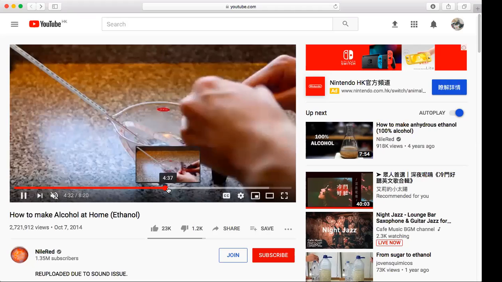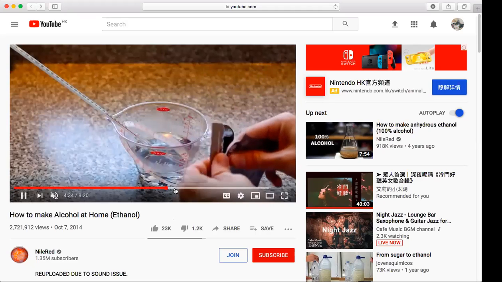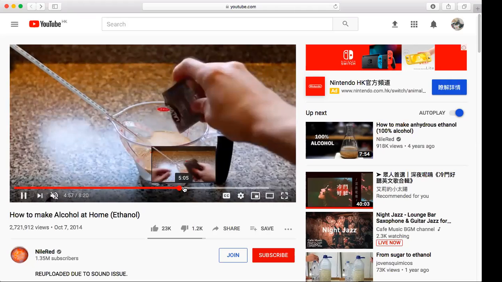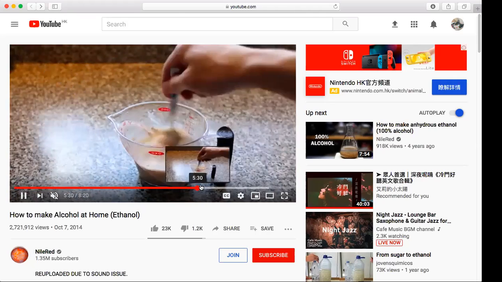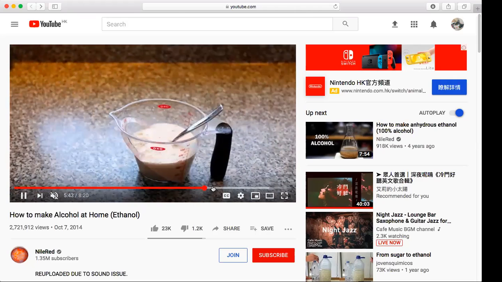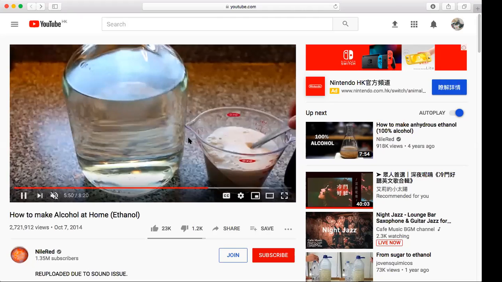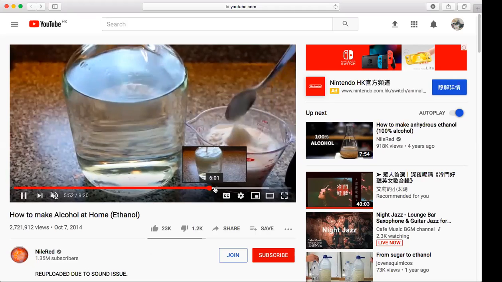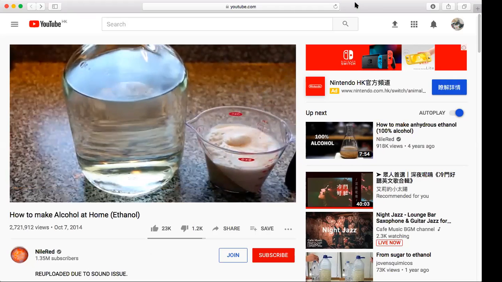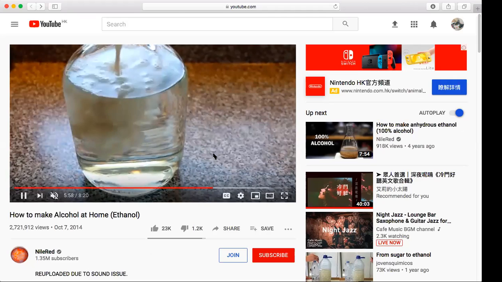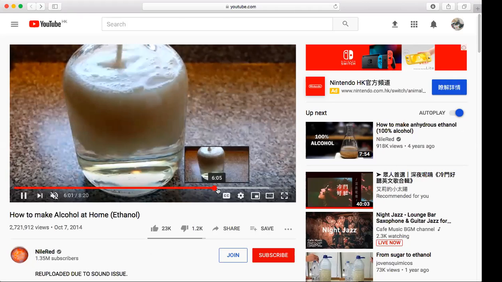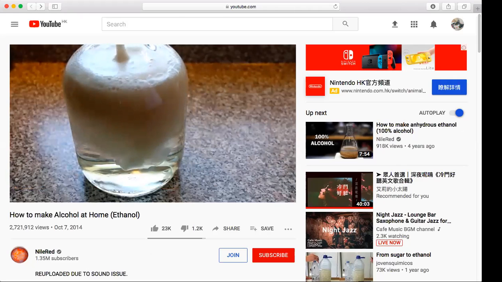Then we prepare the yeast and put the yeast into the bottle.